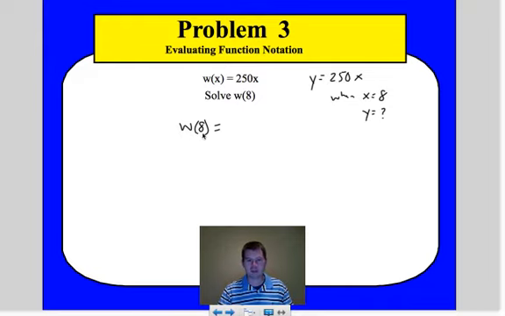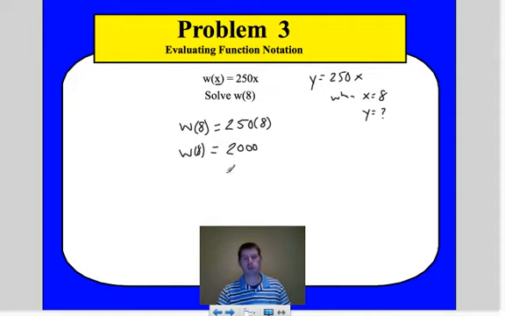When x is 8. So notice how the x went from being in the problem to being an 8. So we're going to take the 250 and we're going to sub in 8 for that x. And then we're going to have 250 times 8 gives us 2,000. So w of 8 is equal to 2,000.